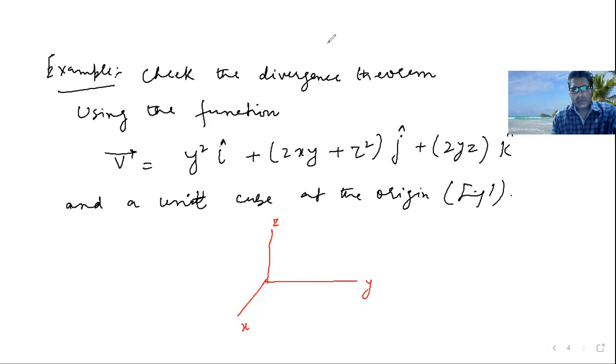Just a different color for it. So this is my figure.